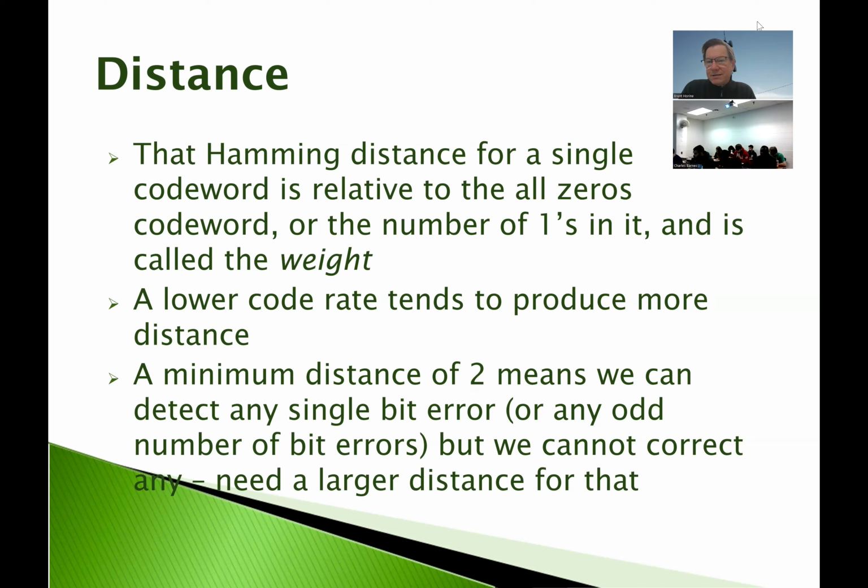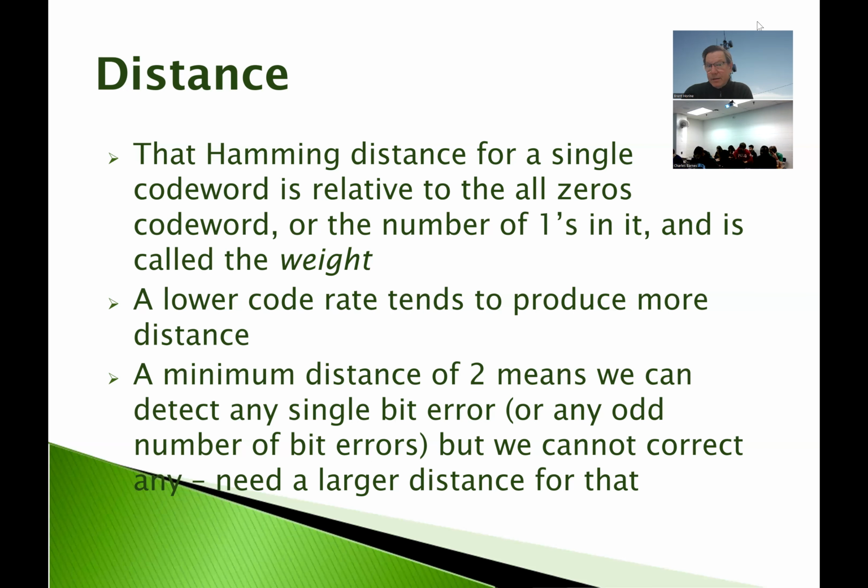Because if a code word has a zero in a particular position, it's going to match the all zeros code word. So we call that special Hamming distance the weight. The weight of a particular code word is just how many ones appear in it when you look at the bit positions.